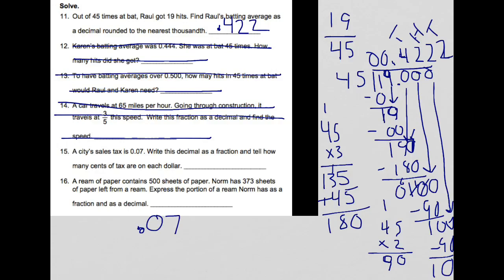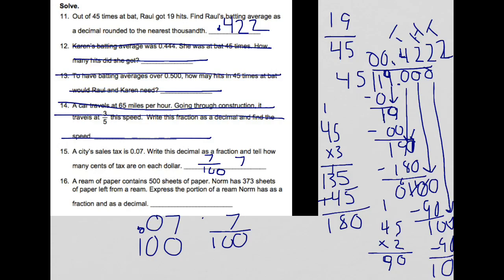I'm going to put the 1 below the decimal point and then add zeros below each digit. So I know that it's 7, not tenths, but hundredths. So I'm going to put 7 over 100. And then it says, how many cents of tax are on each dollar?